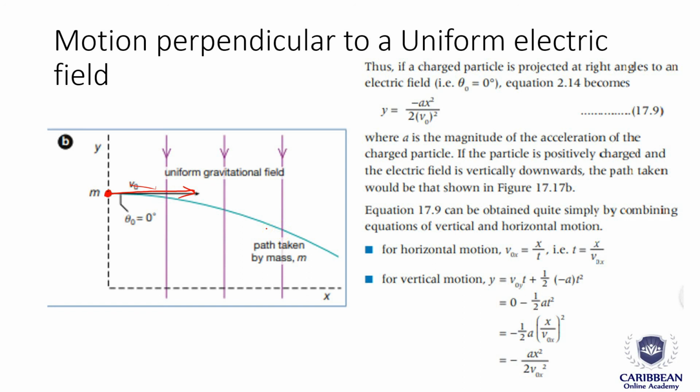If you remember, whenever something is moving along the horizontal, we can find the horizontal velocity by dividing the distance traveled by the time it takes to travel that distance.